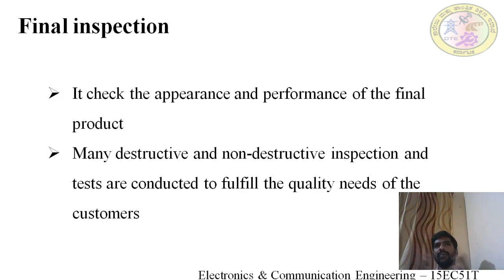See, these all come under appearance. In a final inspection, the appearance and the performance of the final product are verified. For that there are so many tests. Many destructive and non-destructive tests are conducted to fulfill the quality needed by the customer.